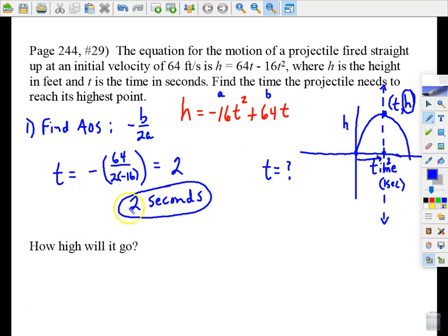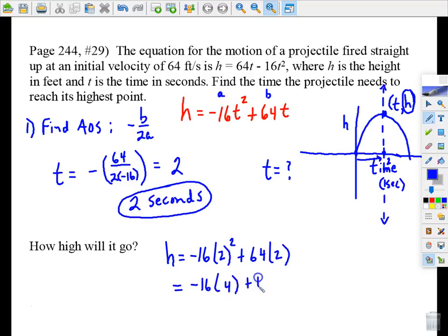So all I do is take my 2 and plug it in for t in this function, and simplify. Once again, you can use your calculator for this if you need it. This is just negative 64 plus 128, and we simplify that and we get 64.